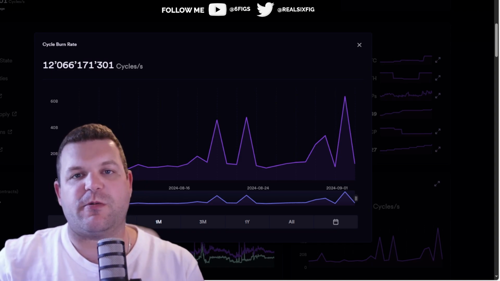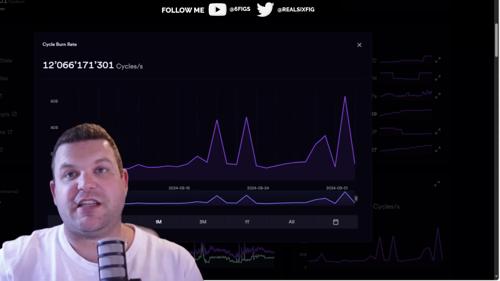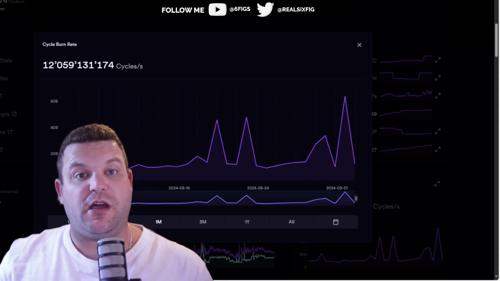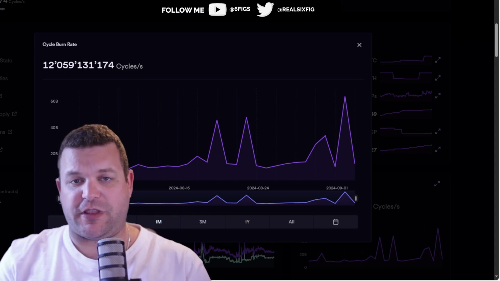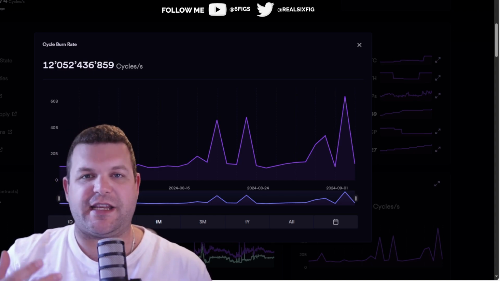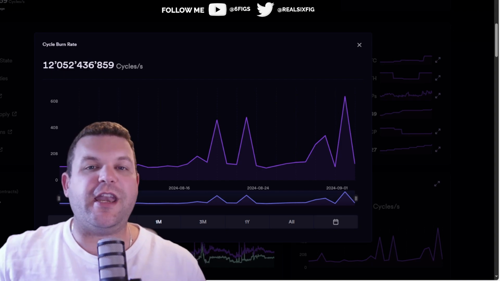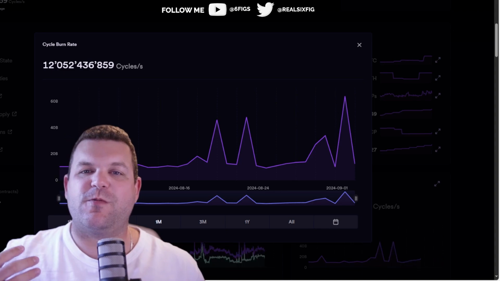If you're not familiar with the term canister, it's what Definity is basically calling a smart contract. These canisters are far more capable smart contracts than really any other blockchain out there. So developers, like I said, manage these canisters by ensuring that there are enough of these cycles stored within them.